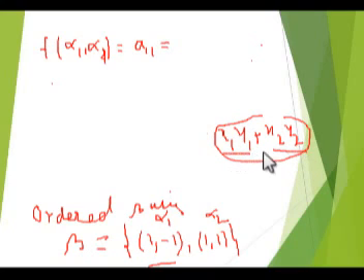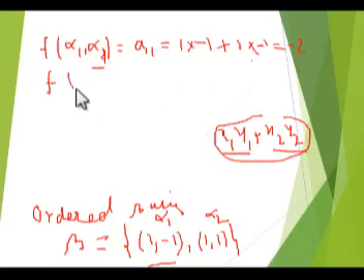There is x1 y1, since here we have taken alpha 1, so it will be alpha 1 alpha 1. Alpha 1 is given as 1 minus 1, so it will be 1 multiplied by minus 1 plus 1 multiplied by minus 1, so it will be minus 2. Understood?